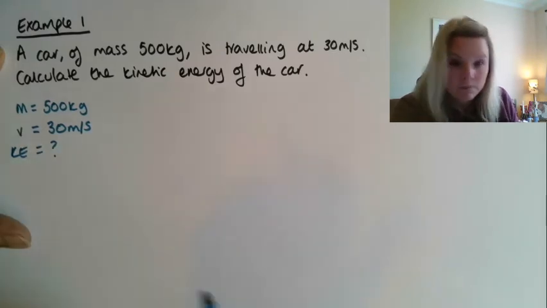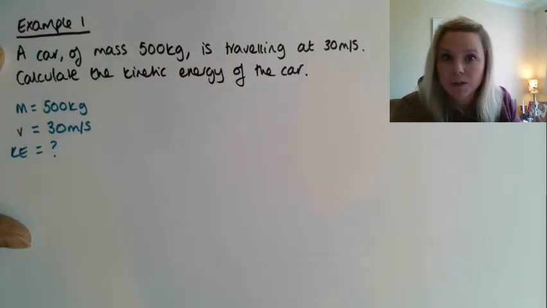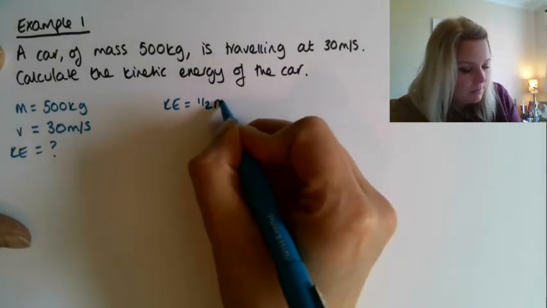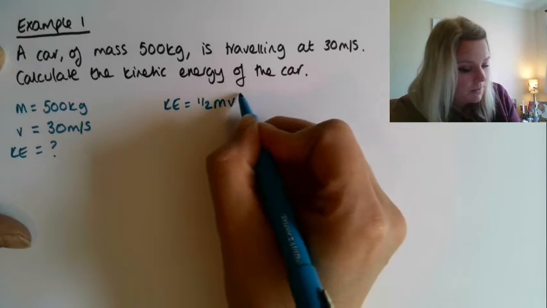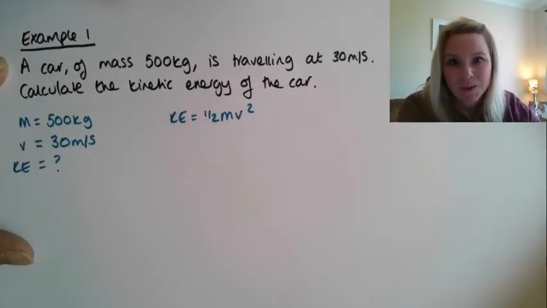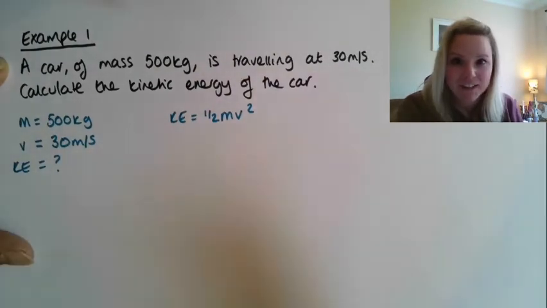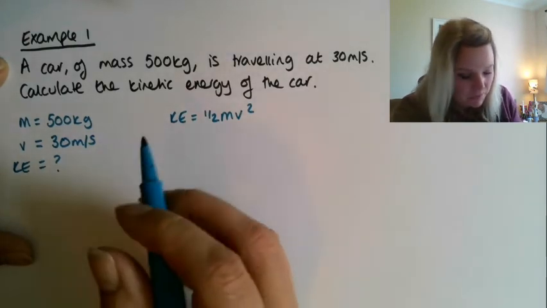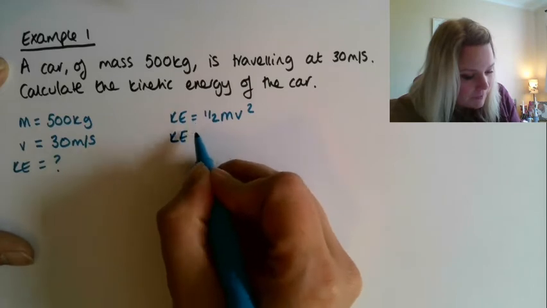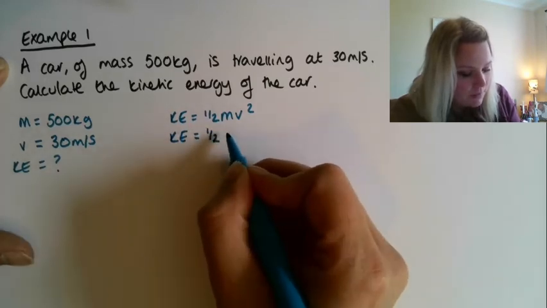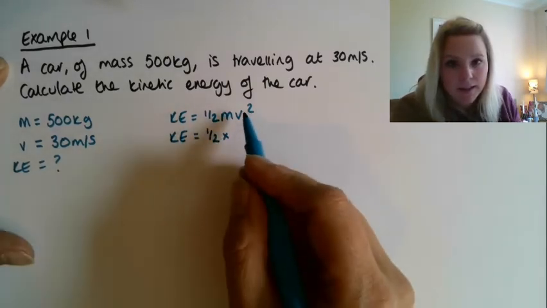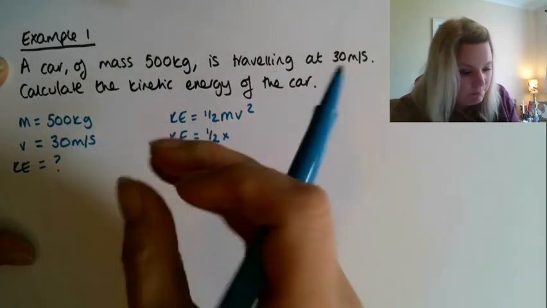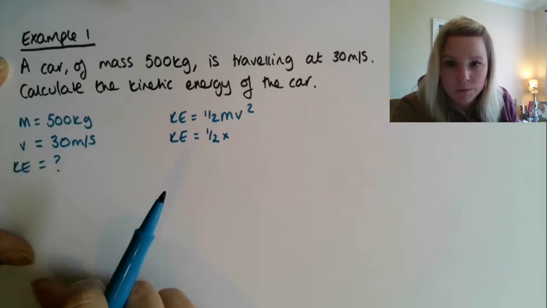So first stage, if you're working out, write out the equation. Kinetic energy equals a half multiplied by the mass multiplied by the speed squared. The next stage then is to fill in our quantities. So kinetic energy, we don't know it, that's what we're trying to figure out. So KE equals a half multiplied by m, and if we look over here, we've already picked out what m is from the question.